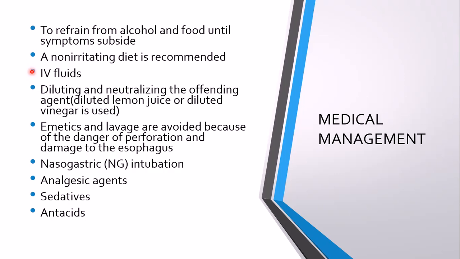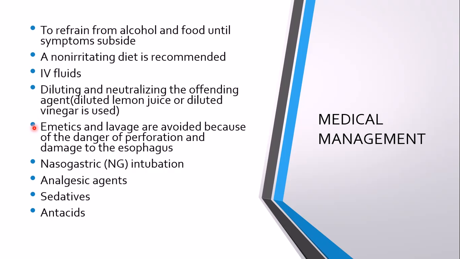So we will start with IV fluids, and then diluting and neutralizing the offending agents. What is this offending agent? The main thing is HCl acid. So we need to take some lemon juice or vinegar. We are using these things to neutralize those agents inside our stomach.